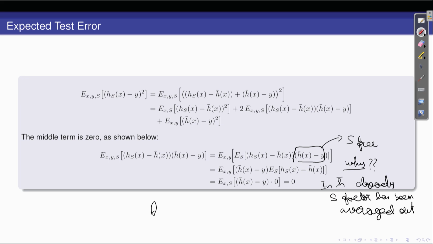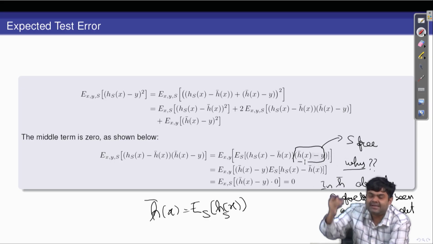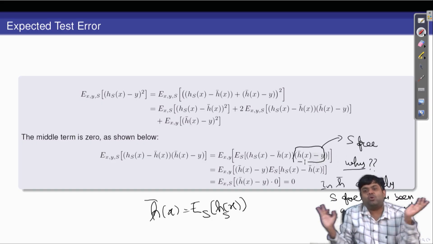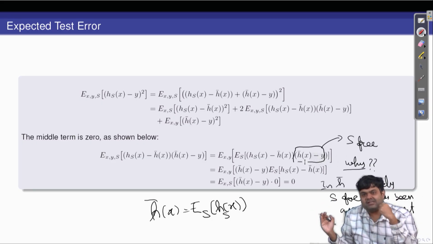What is h bar? h bar x was the expected value with respect to S of h_S(x). So, it only depends on x. You have taken the h_S values for x for all S and taken the average. So, it only depends on x, it no longer depends on S. So, the S factor has been averaged out.